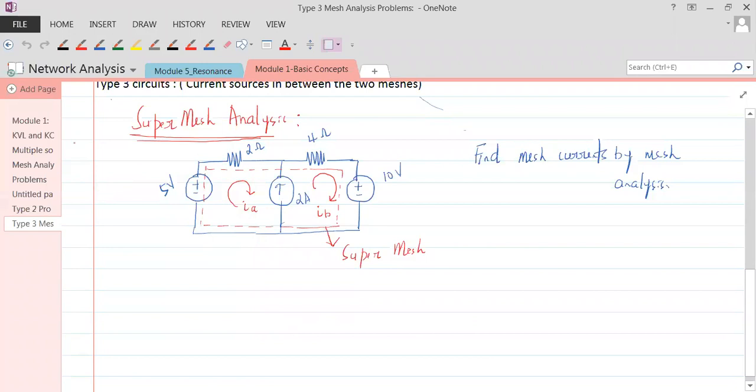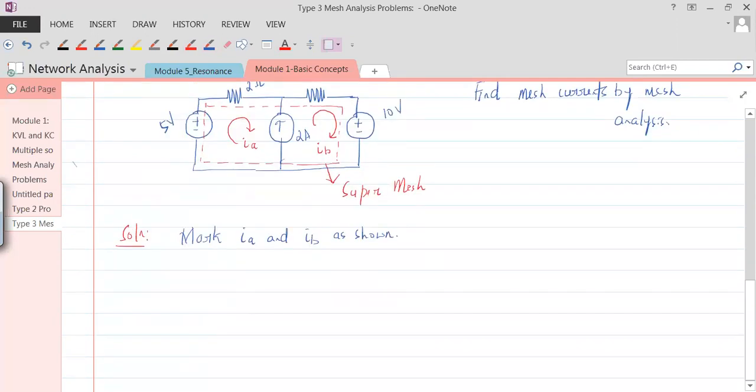Now, in the solution, the very first thing you would say is: mark the mesh currents. Mark IA and IB as shown, because they are not given, mind you. You have to say all this in your solution.